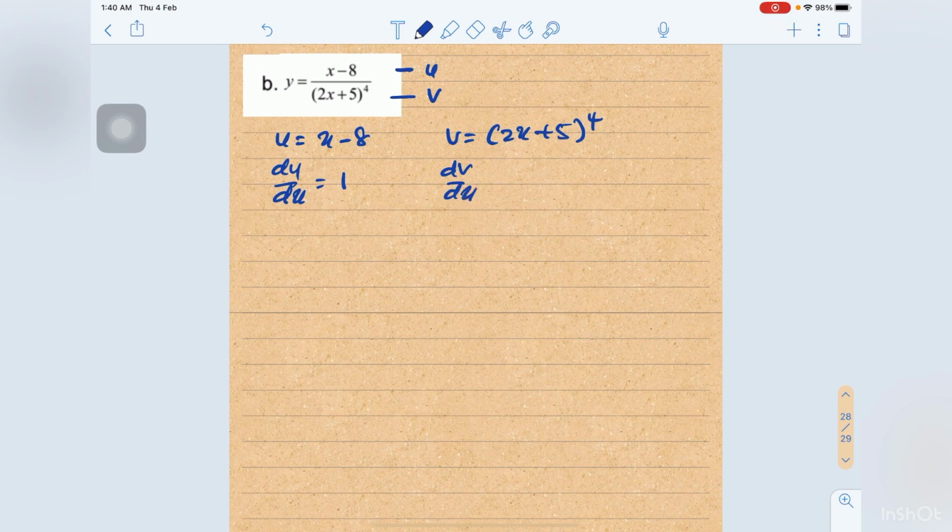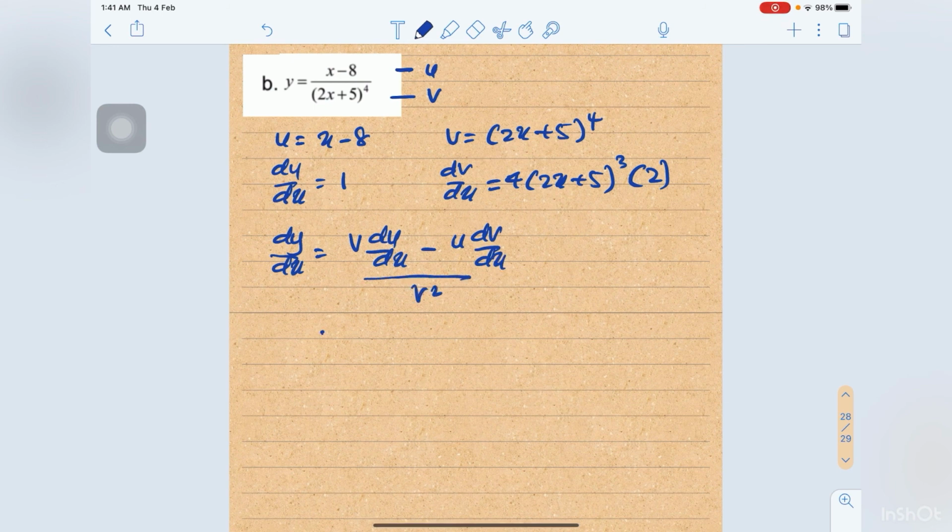So dv/dx is 4(2x plus 5) cubed times 2. This one is a composite function. So we use the formula dy/dx equals (v du/dx minus u dv/dx) over v squared.